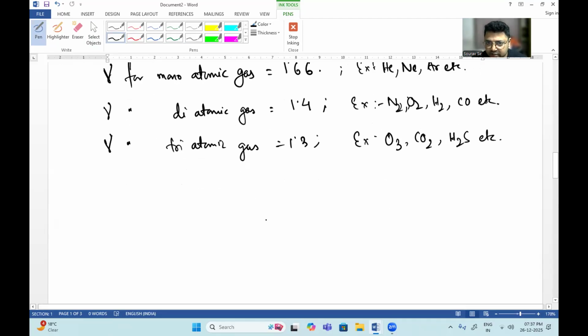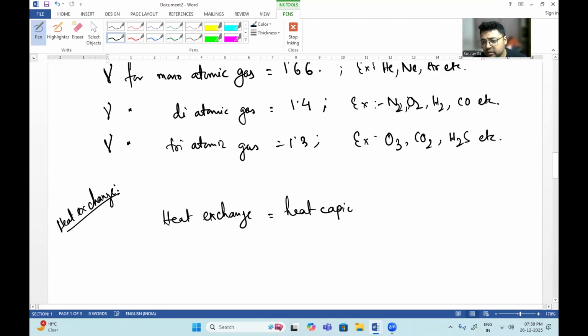With the help of these heat capacity ratios, we can also find another quantity, which is heat exchange. So the next subtopic is calculating the value of heat exchange. Heat exchange equals the heat capacity, at constant volume Cv or at constant pressure Cp, times delta T, the change in temperature.